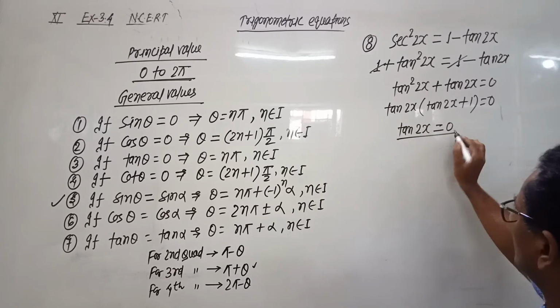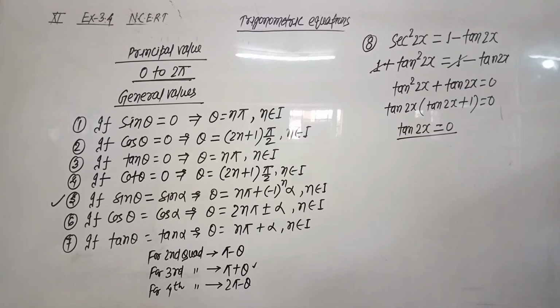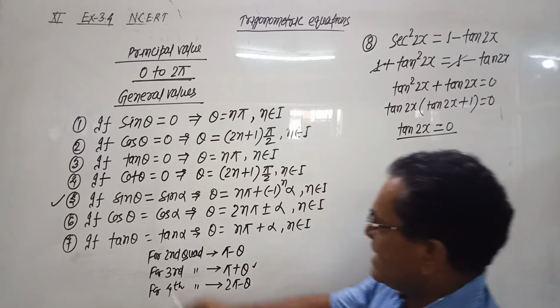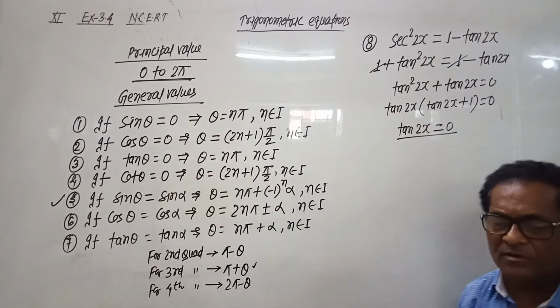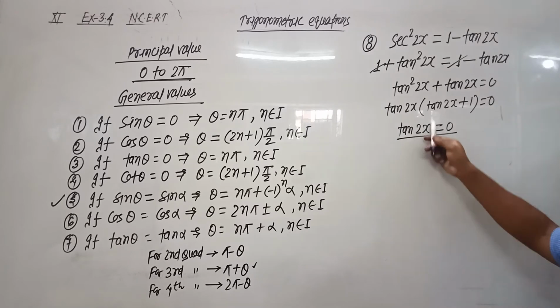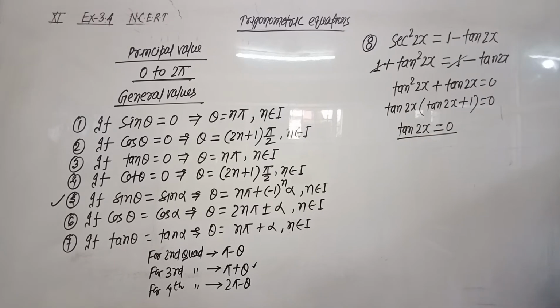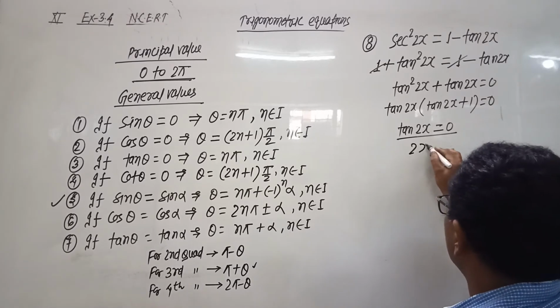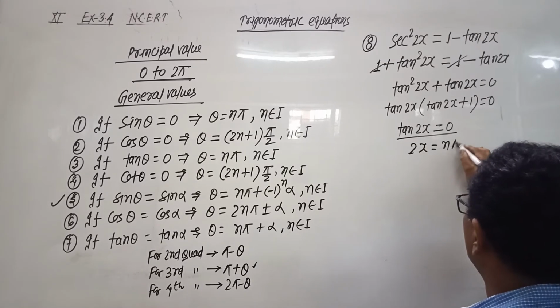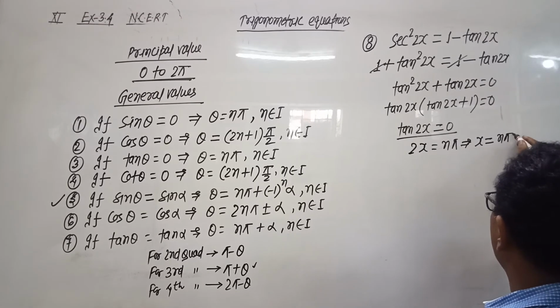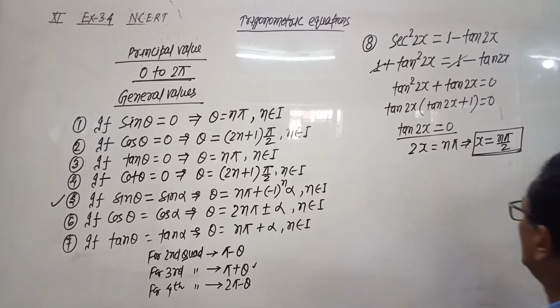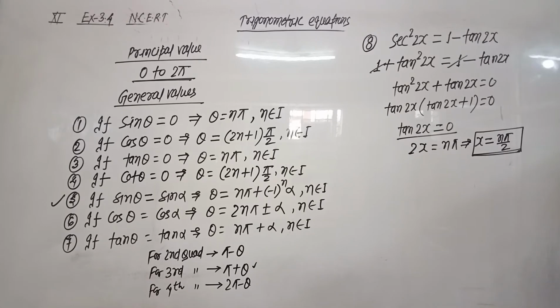And for general solution, we use the formula tan theta equals to 0. If tan theta equals to 0, then theta equals to n pi. Here the value of theta is 2x. So 2x equals to n pi, and this implies x equals to n pi by 2.